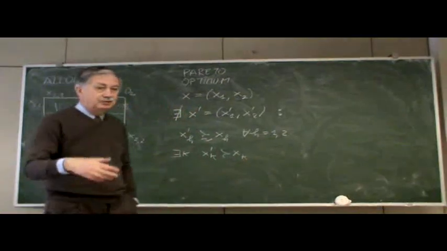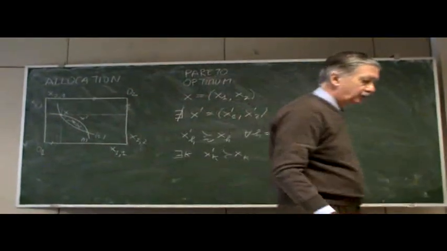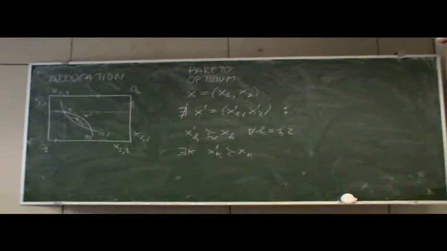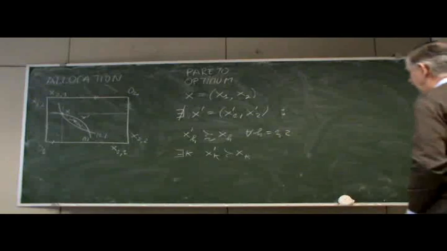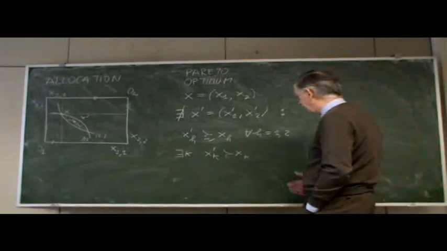This is the so-called strong Pareto optimum, because there is also a weak Pareto optimum, as we shall see afterwards. But let us repeat.